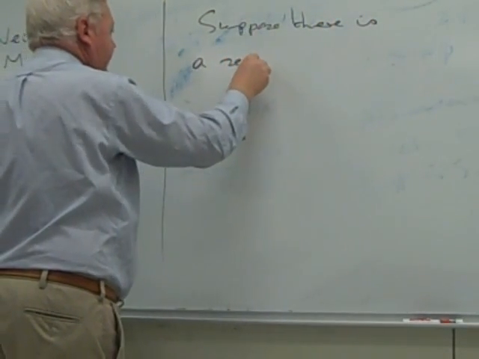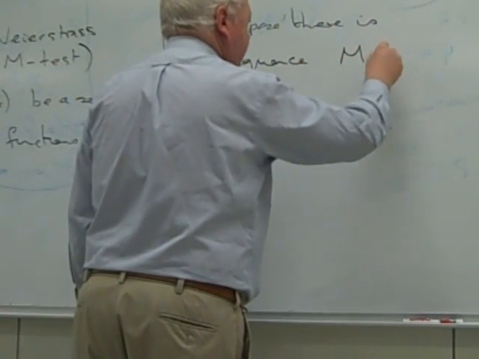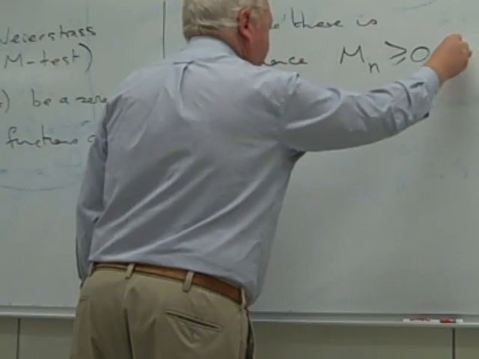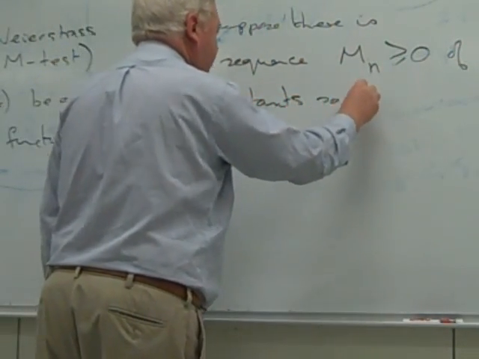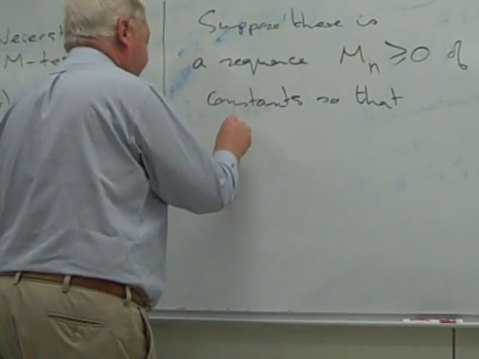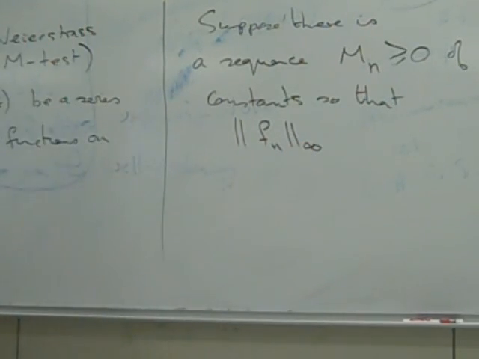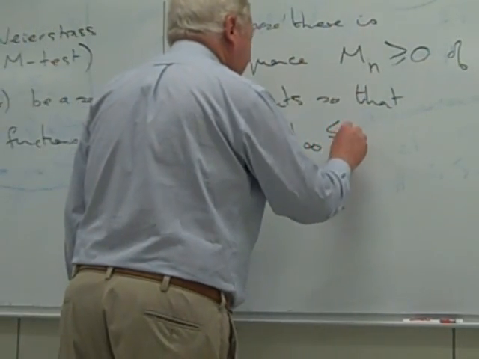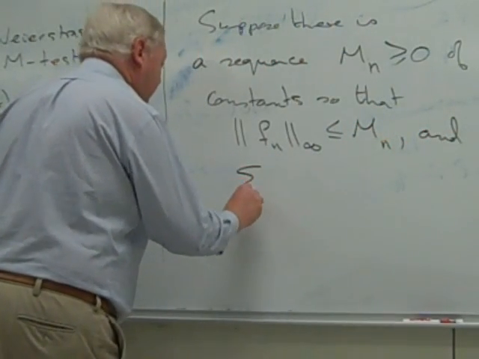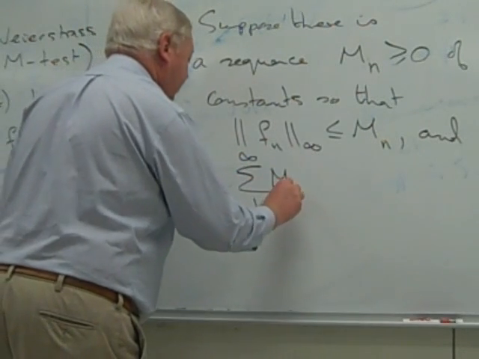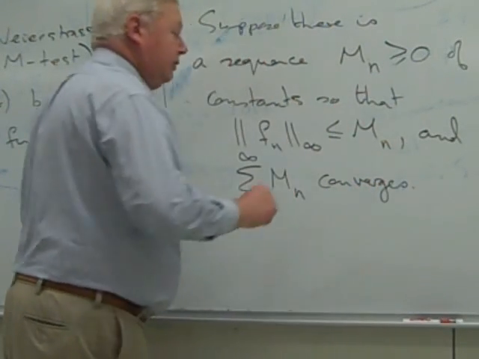Suppose there is a sequence M_n greater than or equal to 0 of constants so that the infinity norm of f_n is bounded by these constants, and the sum from 1 to infinity of the constants converges.